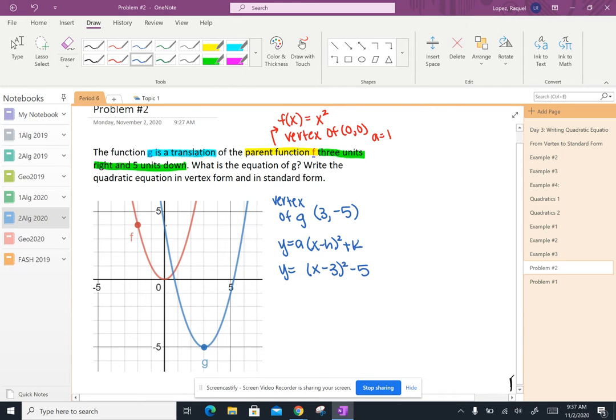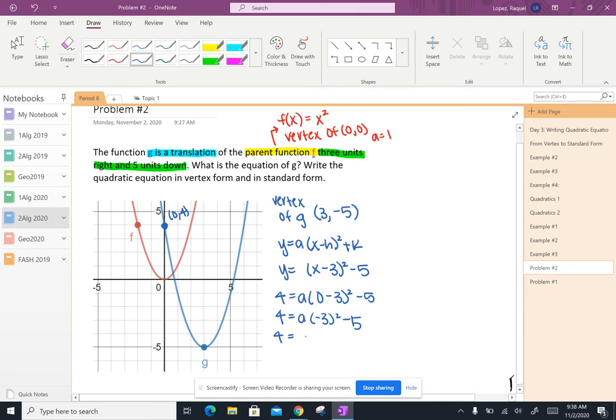But we can go ahead and double check that, because we can use this point 0, 4, the y-intercept, and plug 4 in for y and 0 in for x, and work backwards to solve for a. If we're going to double check that, we get this so far, and then we're going to square that -3.